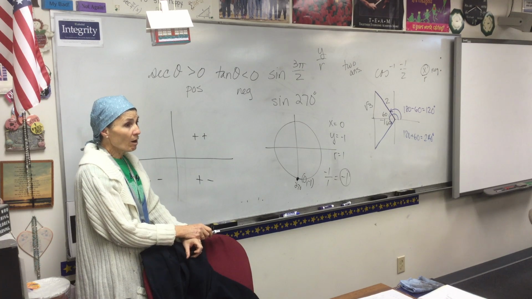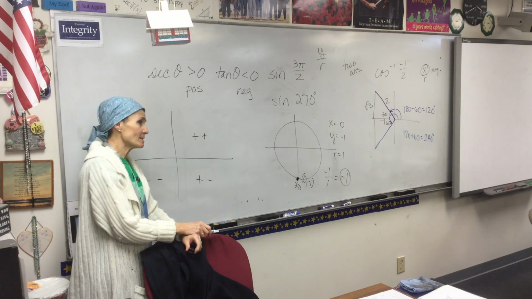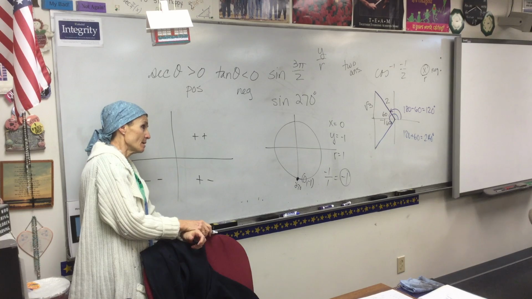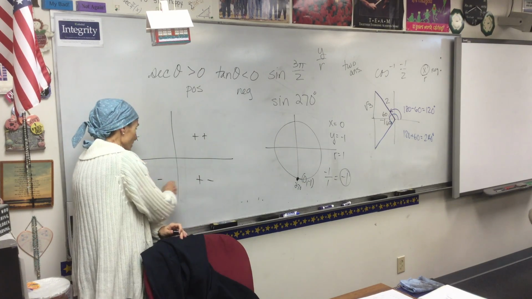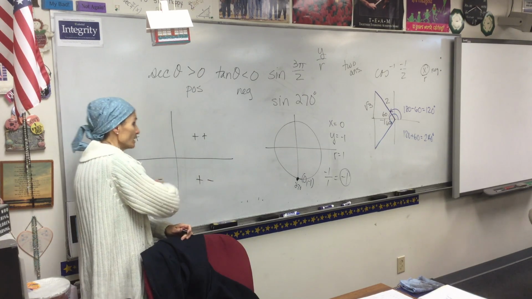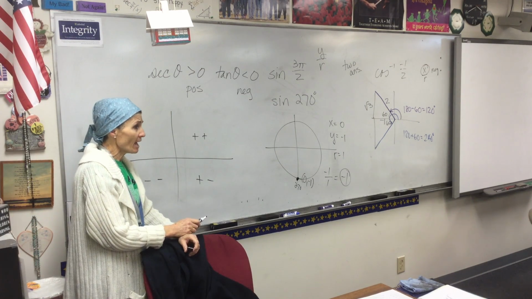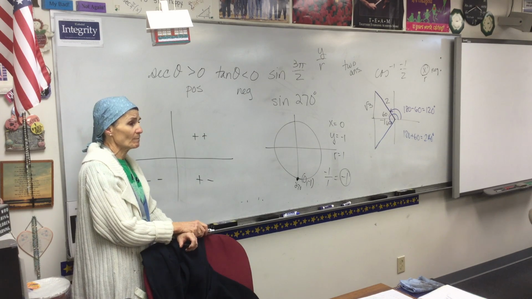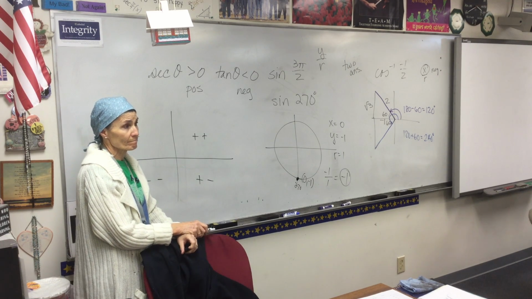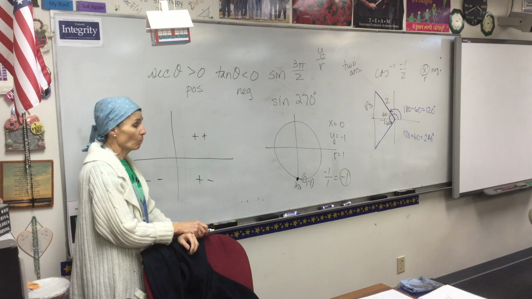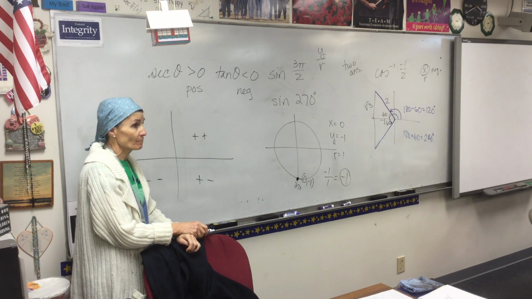Now remember, R is always positive, so he is not part of these conversations. The only things we're worried about here are X's and Y's. So if I'm talking secant, am I interested in the X, the Y, or both? If I'm doing secant. X.